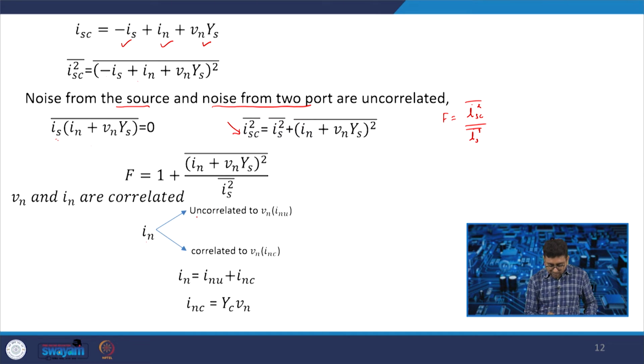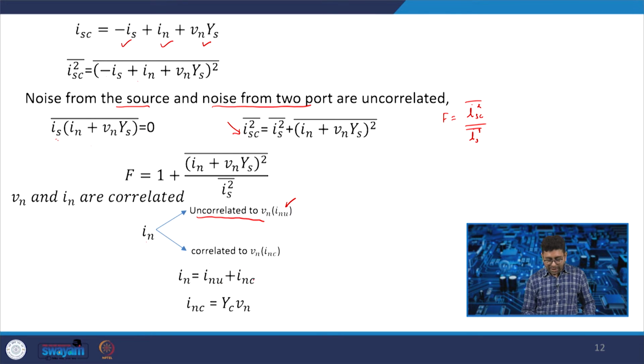One is uncorrelated to Vn, the portion which is not correlated to Vn, denoted as Inu, the uncorrelated In, and then there is the part correlated to Vn, the noise current In correlated to Vn, given as Inc. So you can write In equal to Inu plus Inc.